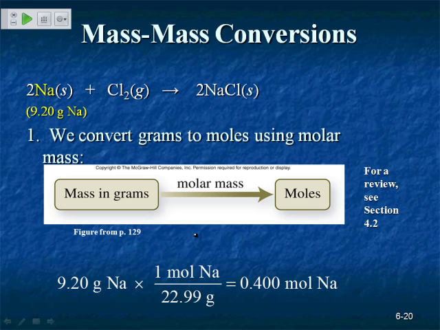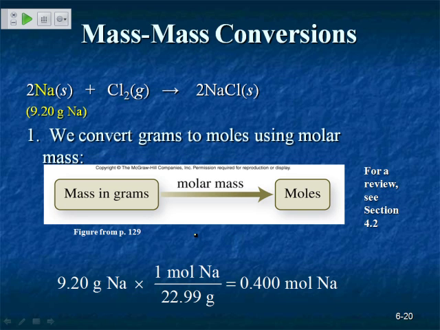Using what? Molar mass. You will always have a periodic table. You will know the formula of the substance. So take the molar mass and convert the grams to moles. You will not do a stoichiometry problem relating mass to mass. You will always need to relate moles to moles. So that is your first step.